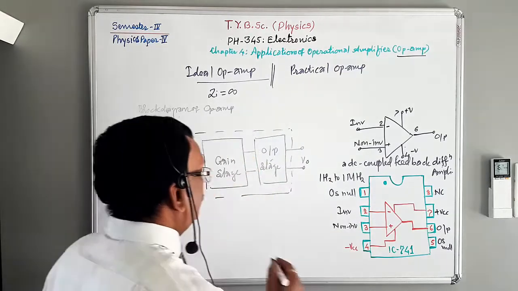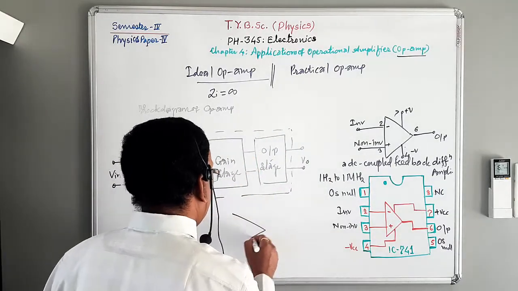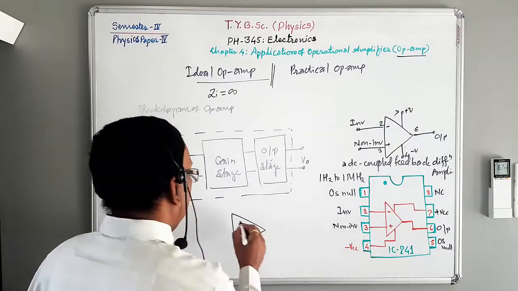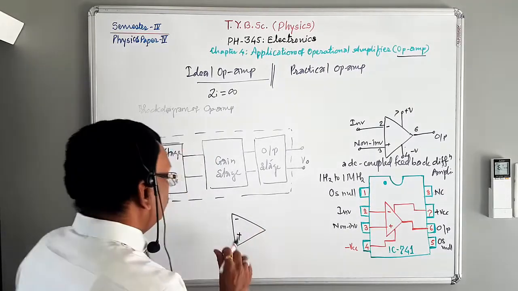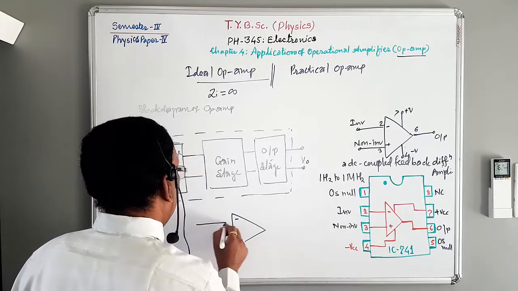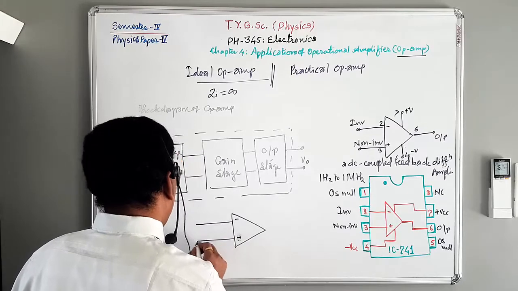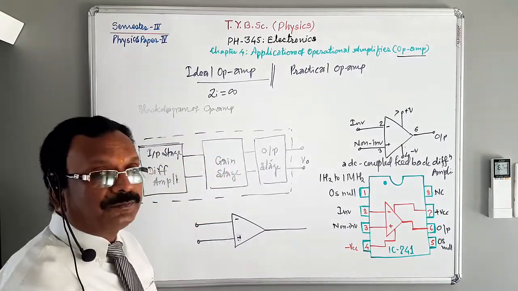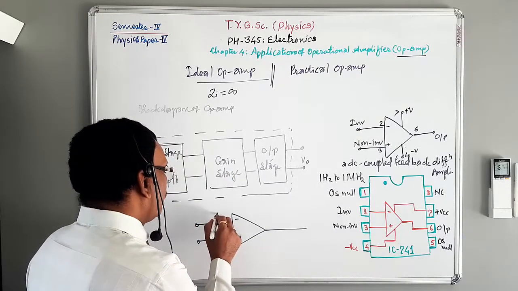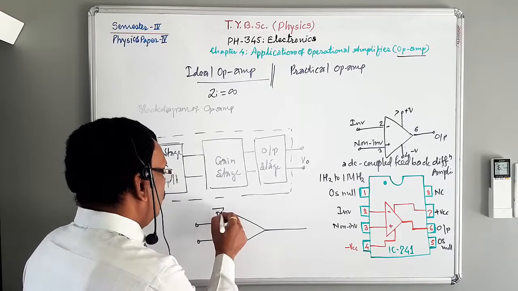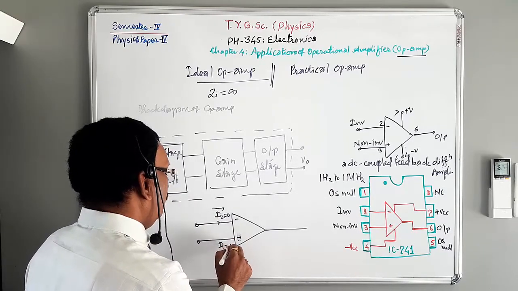For this purpose, consider a diagram. Here I2 is equal to 0 and I1 is equal to 0.